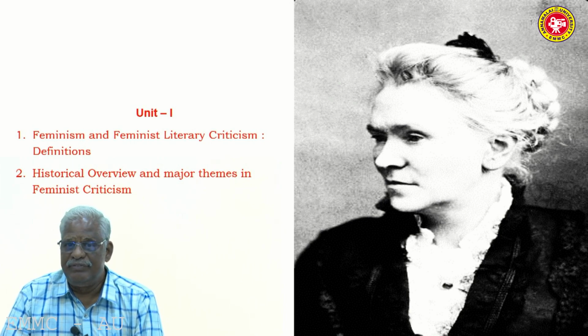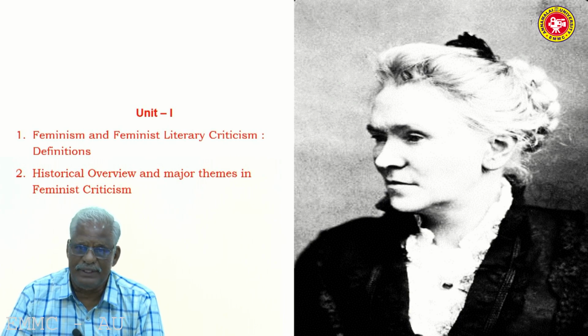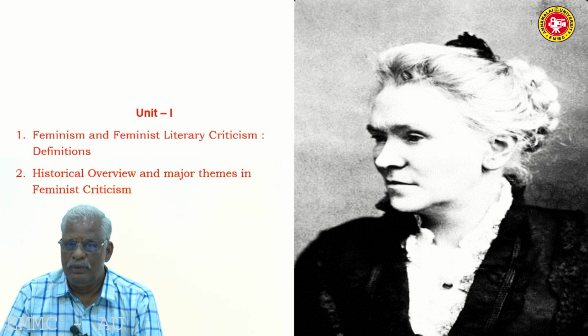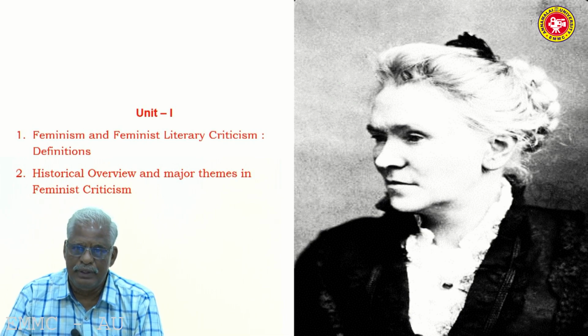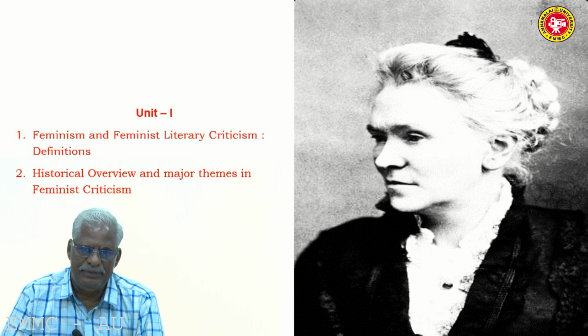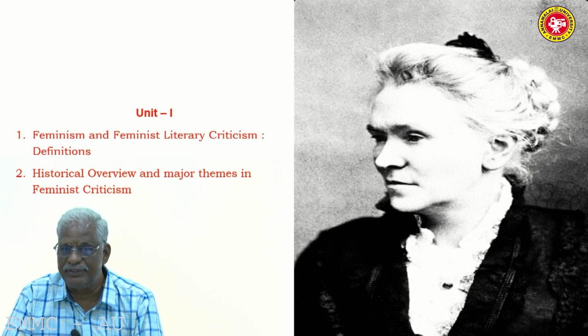Here we find even though men and women are part and parcel of this humanity, women's way of thinking and men's way of thinking, how the brain functioning of these two differs. So, here they want to prove it. They want to show in what way men's contribution in literature differs from women's.